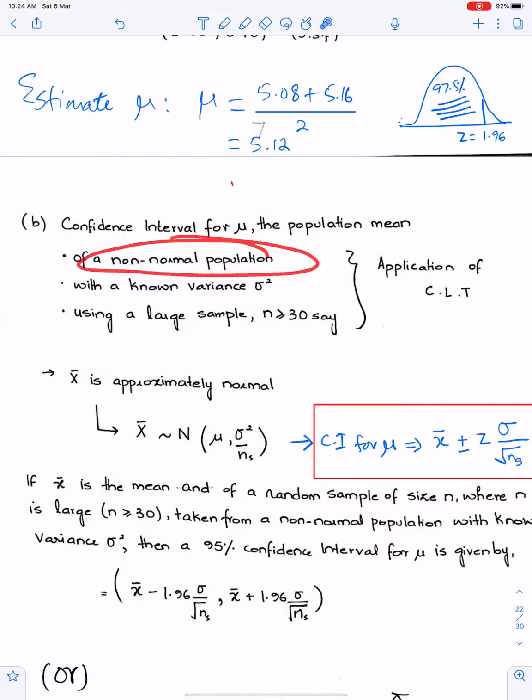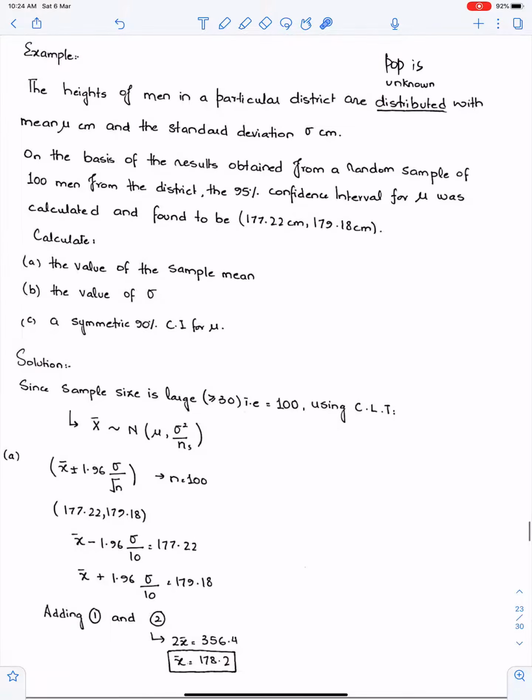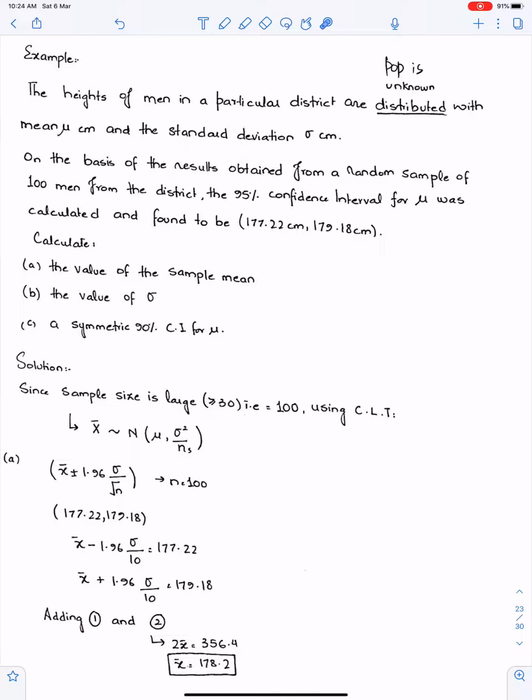Non-normal means it's unknown. It's not mentioned whether the population is normal or non-normal, so this will become case 2. When sigma square is known and the population is unknown, then the case is case 2.